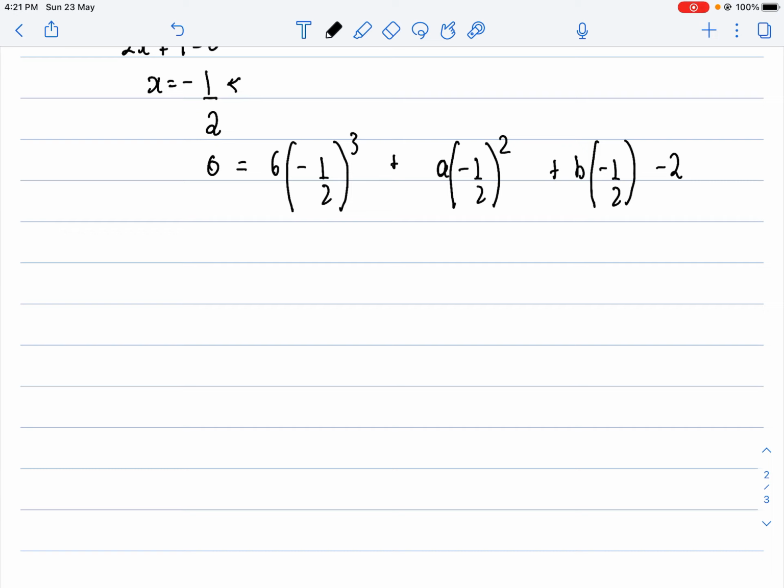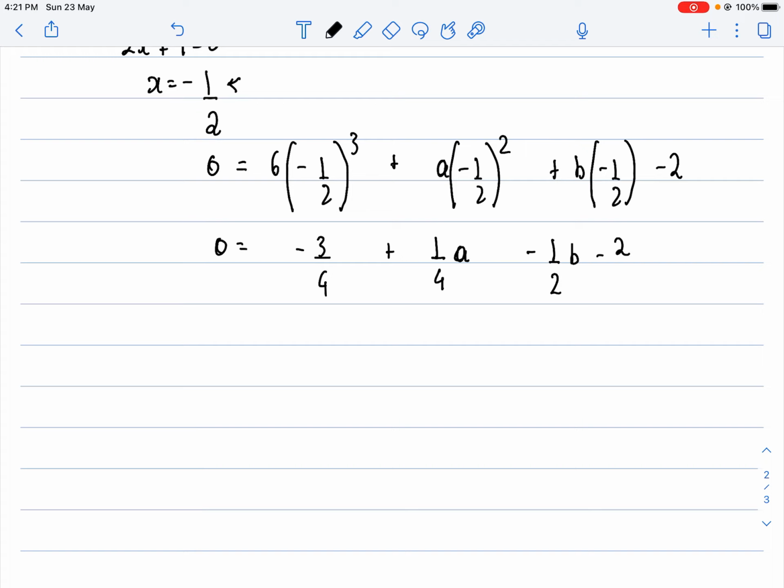When you do that, you get 0 equals to minus 3 by 4 plus 1 by 4a, minus half b minus 2.